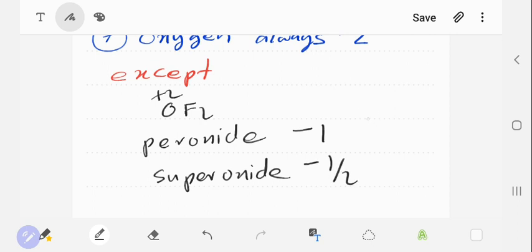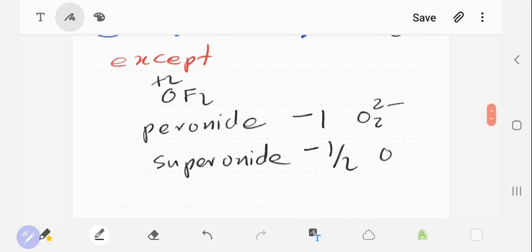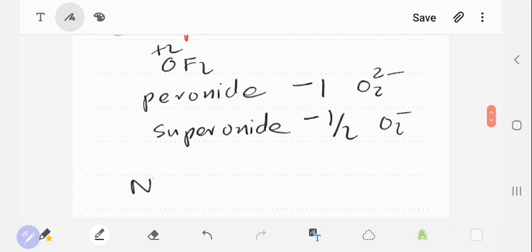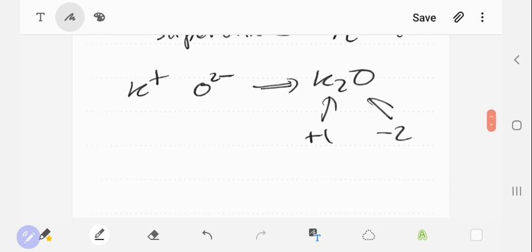We can write oxide as O 2-, in peroxide O2 2-, in superoxide O2 -. Take potassium: K plus and O 2- gives K2O, where potassium is +1 and oxygen -2.